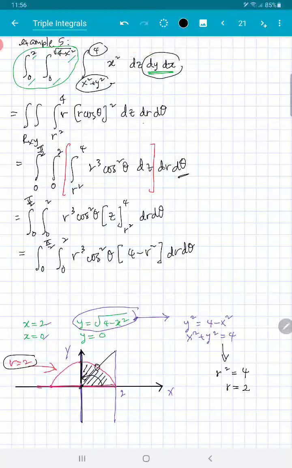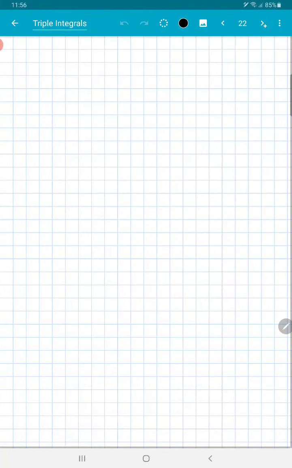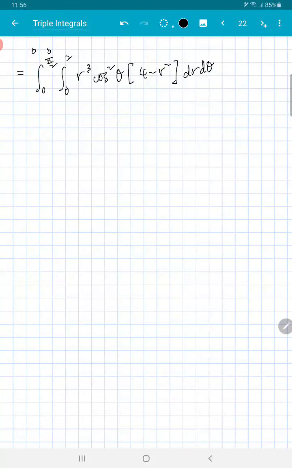Okay, I need more room. I'm going to copy this to the next page. Okay, now next we're going to integrate the middle integration, but before that I'm going to simplify the integrand first.